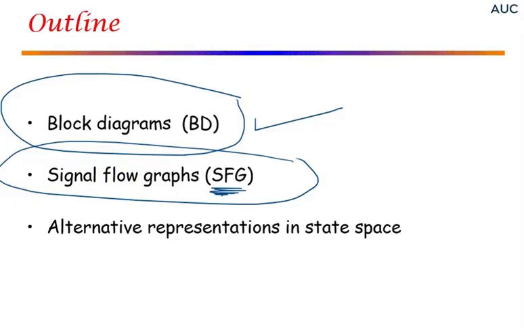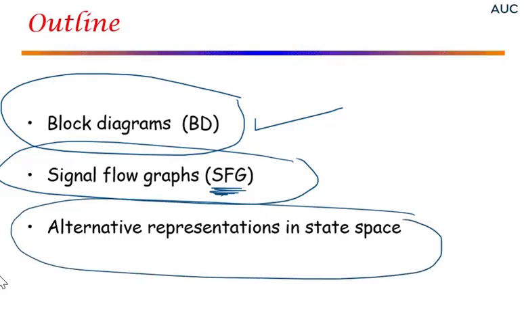It will have the same purpose, to find the overall transfer function between the input and the output, or to find the state space modeling that relates the different state variables to the input and the output. And finally, in this chapter, we'll see different possibilities of representing the same system by different representations in the state space, and that means choosing different state variables, as we have mentioned during the lecture before.